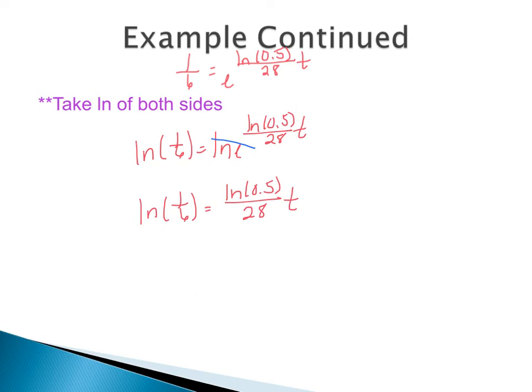At this point, we need to continue to solve for t. So on the right-hand side, I have a fraction times t. Remember, in order to get rid of a fraction that's being multiplied, you can multiply both sides by the reciprocal. So that's what I'm going to end up doing here, is I'm going to multiply both sides by 28 over the natural log of 0.5.